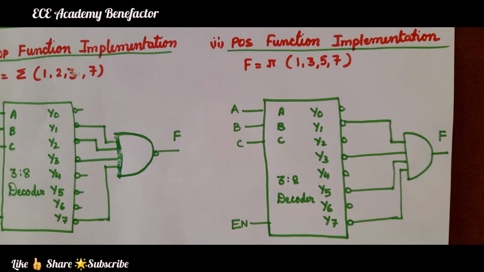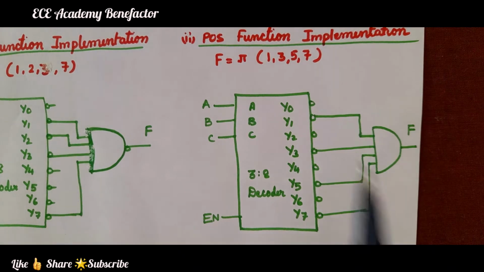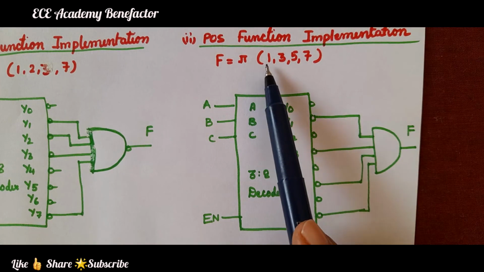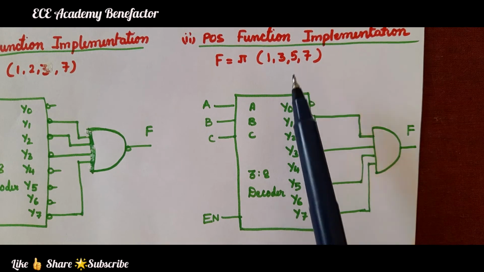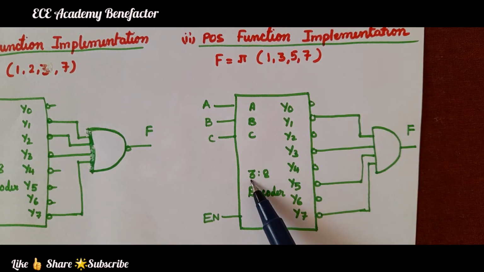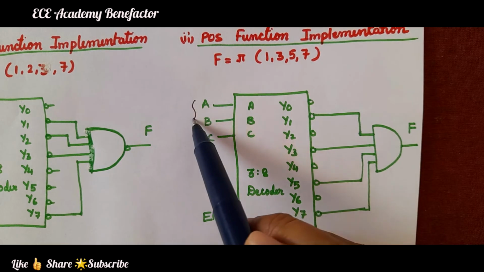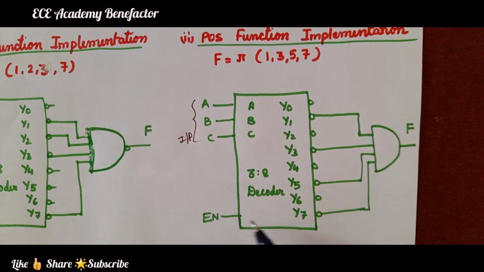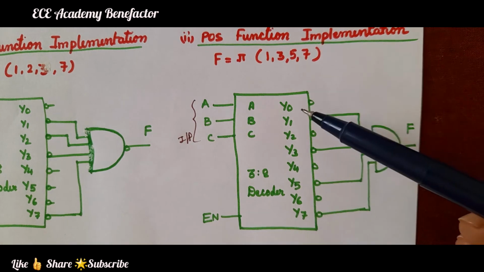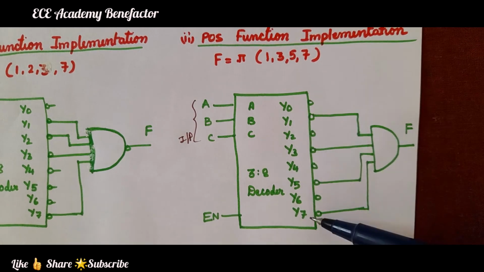Coming to POS function, it is given as f is equal to pi 1, 3, 5, 7. We go with a 3:8 decoder, 3 inputs A, B, C, one enable input to enable the decoder, and the outputs are Y0 to Y7.